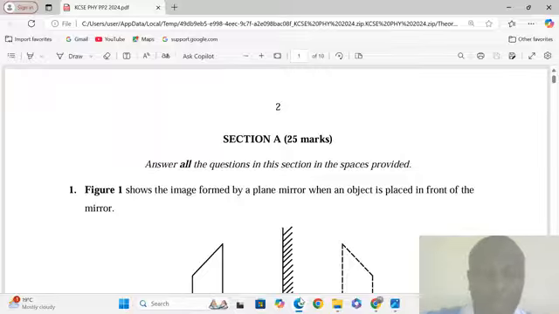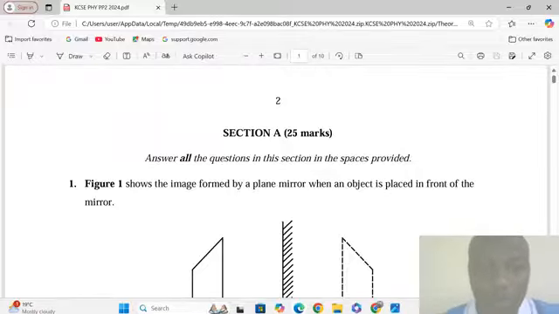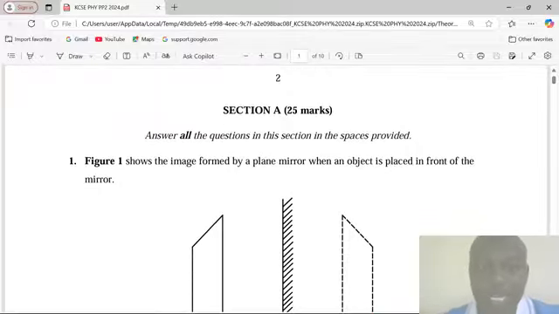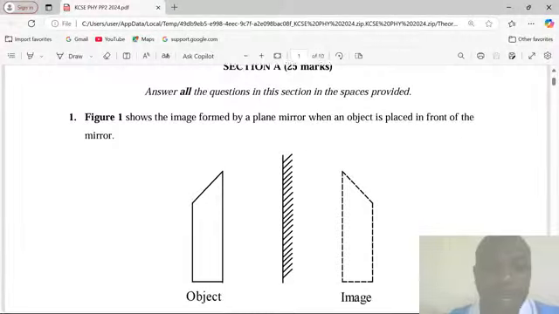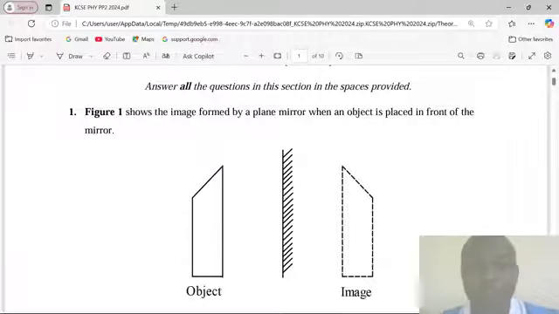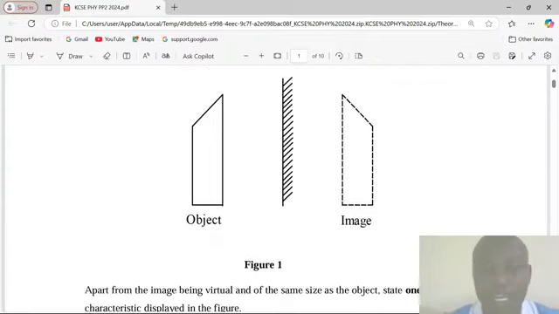Number 1, this is section 1, whereby we are advised to answer all the questions in this section in the spaces provided. Figure 1 shows the image formed by a plane mirror when an object is placed in front of the mirror. So we have the object, then the image on the other side.